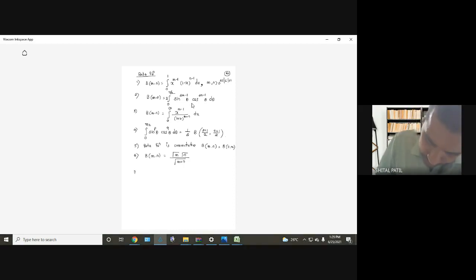And then we studied the duplication formula: 2 raised to 2m minus 1, gamma 2m.